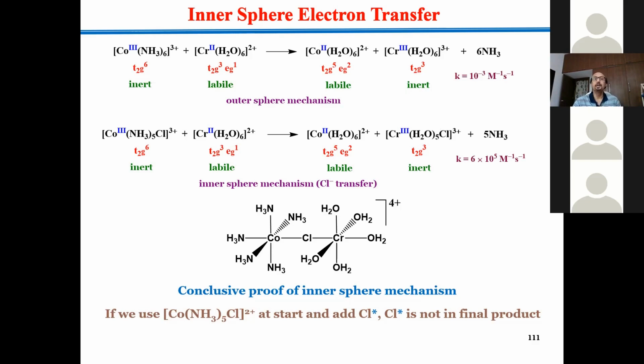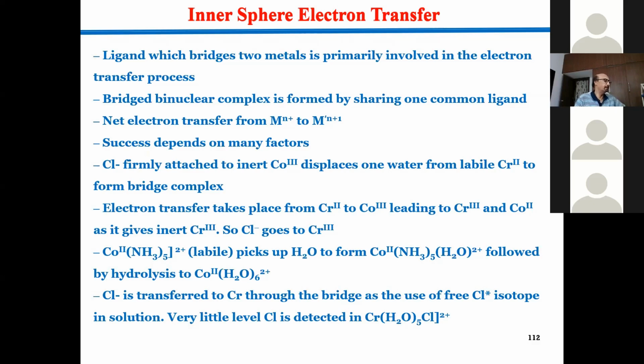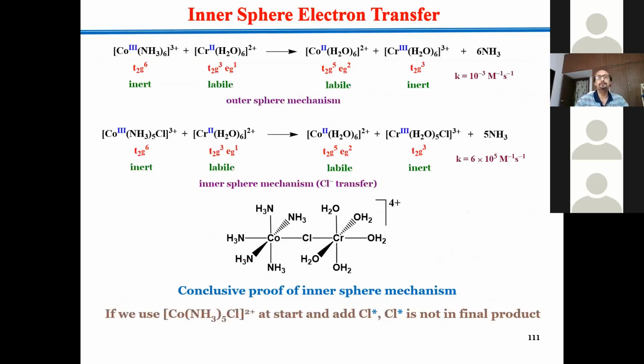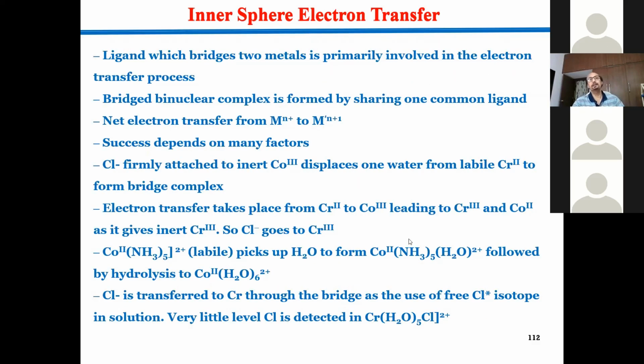Okay. Now, if you put all these things together, there are a few points. Let me put them one by one. And anyway, you will get the slide and you will see it a little more carefully later on. It says that the ligand which bridges two metals is primarily involved in the electron transfer process.